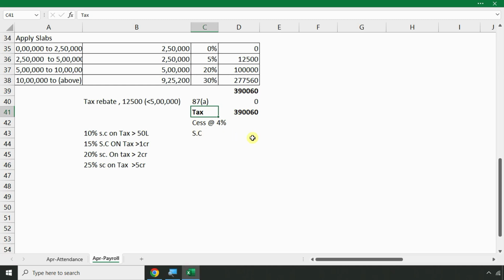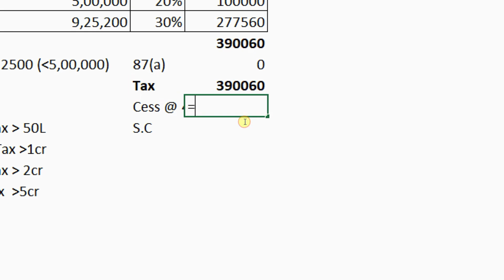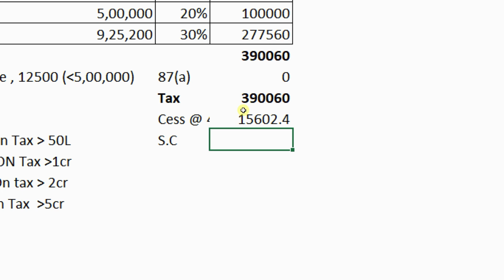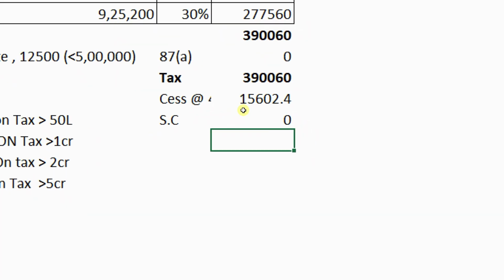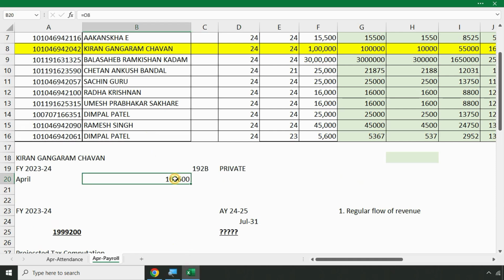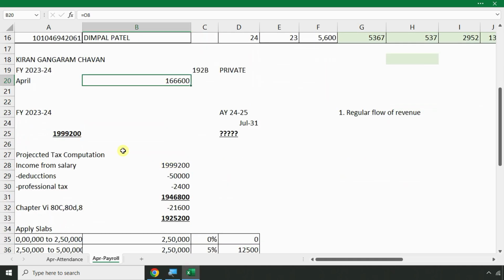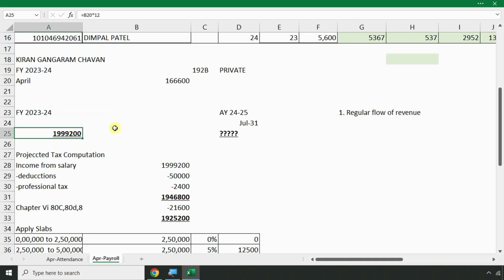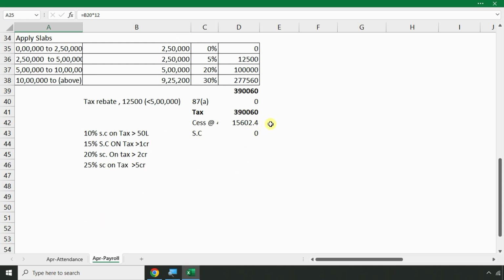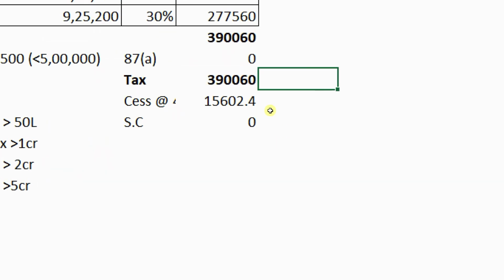Okay, yes. Look. Now, on how much cess? How much surcharge? So if I pay in this year monthly 1,66,000, he will generate yearly 19 lakhs, nearly 20 lakhs, and he should pay how much total taxes? 33 lakhs 90,060 rupees he should pay next year.